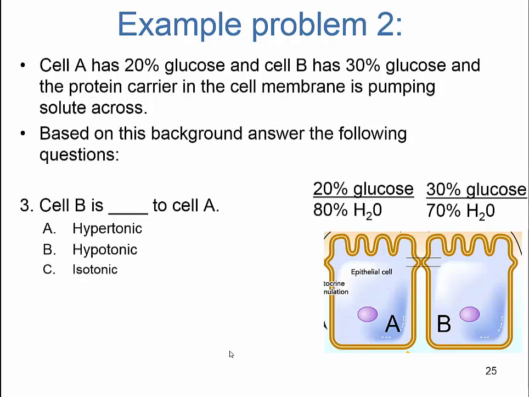In the same problem, if we consider which solution has higher tonicity, cell B has 30% glucose, cell A has 20% glucose, and so we can see that cell B actually has higher tonicity, so cell B would be considered hypertonic to cell A.